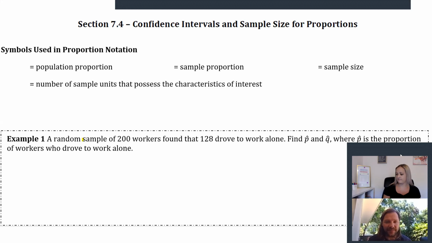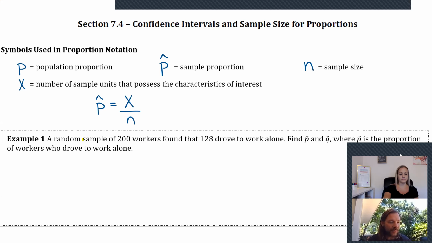We use the sample size, which we write as n, and X is the number of people in that sample that possess that certain characteristic of interest. Then P hat is the sample proportion. That's the proportion of people in this pool of N people that have the characteristic. Another way of writing that is that P hat is X over N.